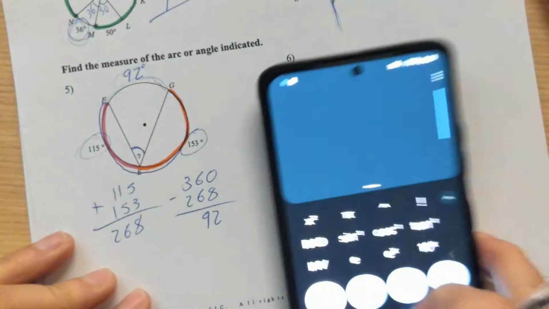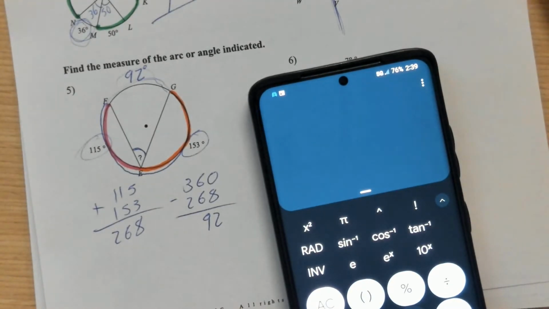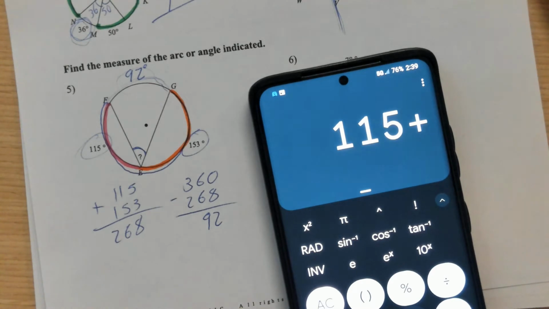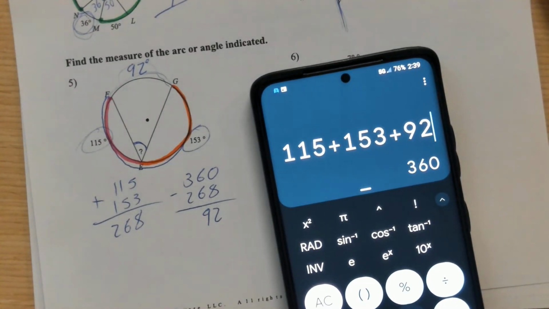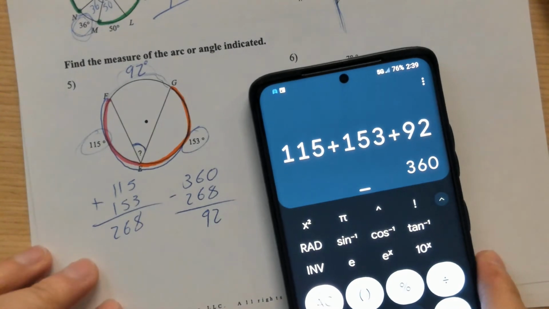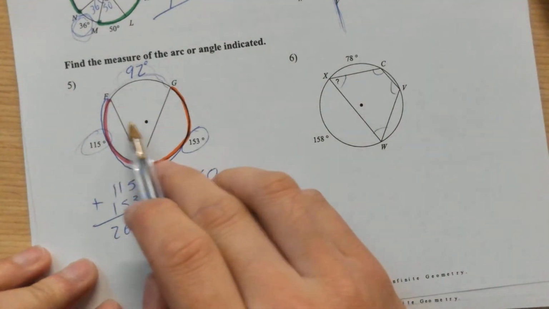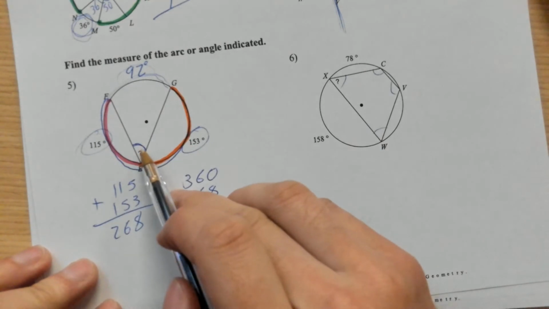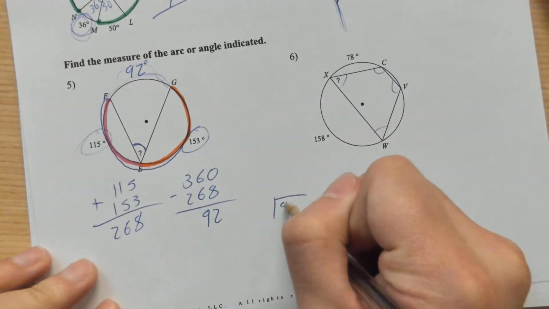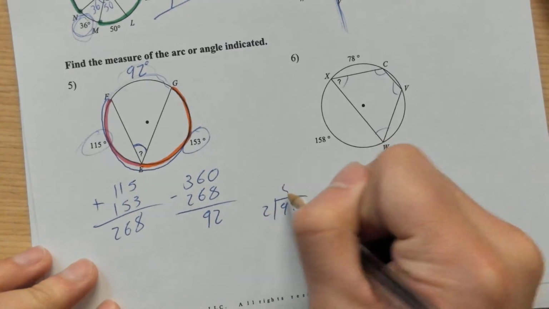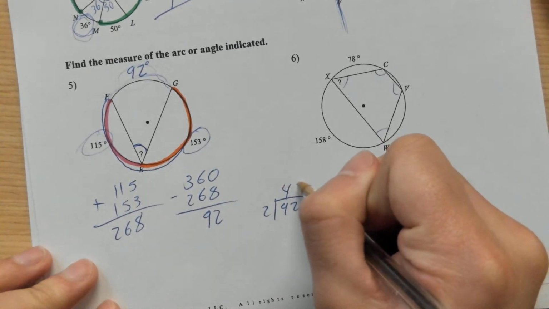You can double check on your phone that these three arcs, all the way around the circle, are supposed to add up to 360. So let's see, 115 plus 153 plus 92. Does that add up to 360? Definitely it does. So if I know this arc is 92, the angle has to be half of this arc. Half of 92 is going to be 46.